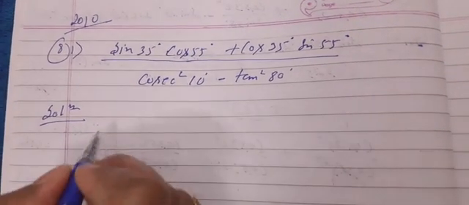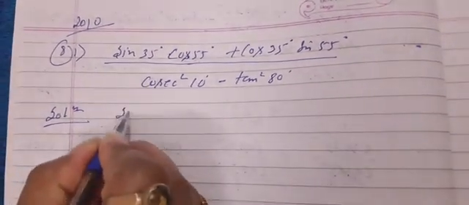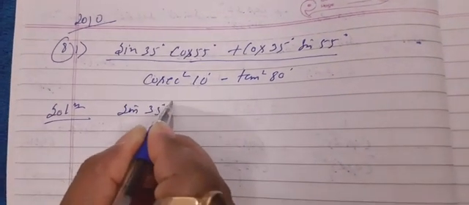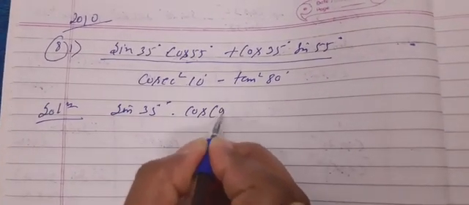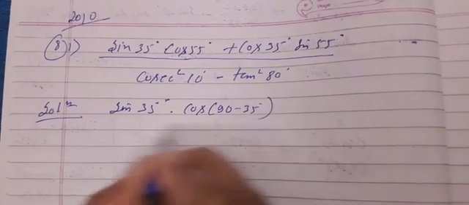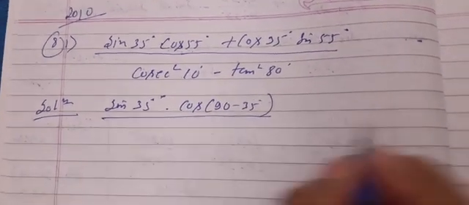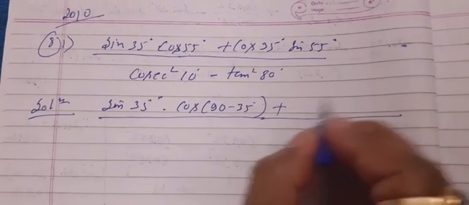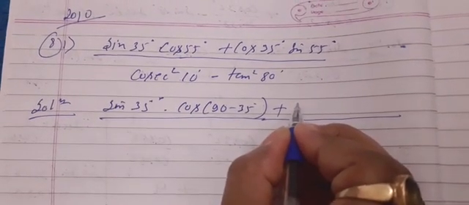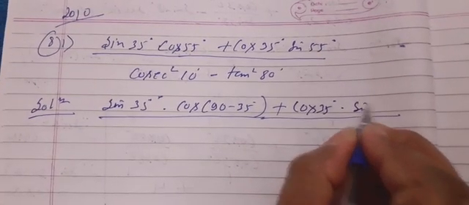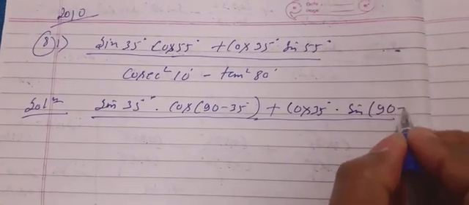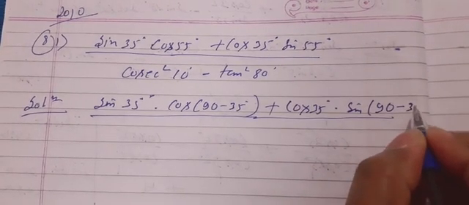Let's see. Sine 35 degree into cos 90 minus 35 degree, plus cos 35 degree into sine 90 minus 35 degree.